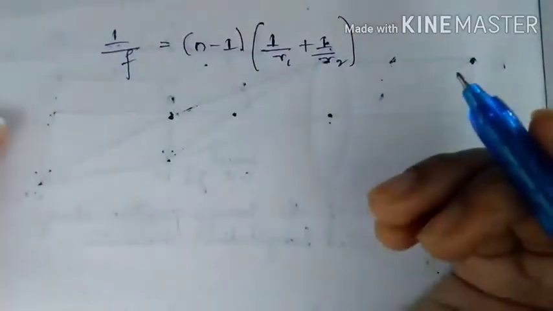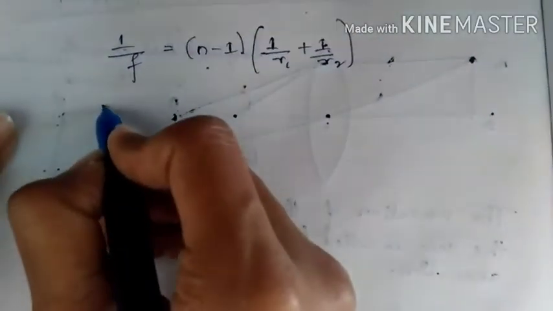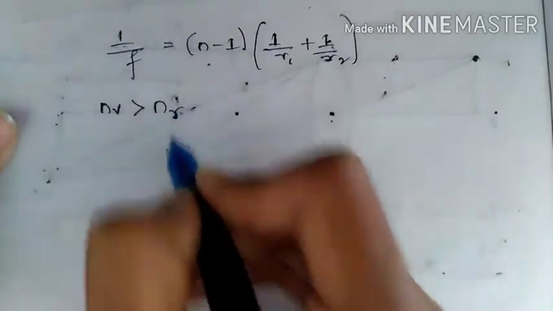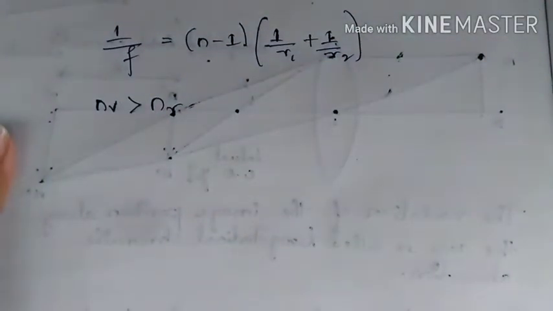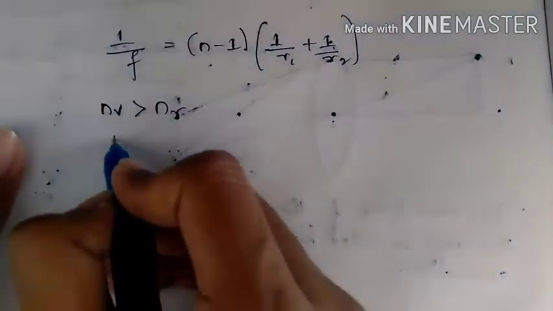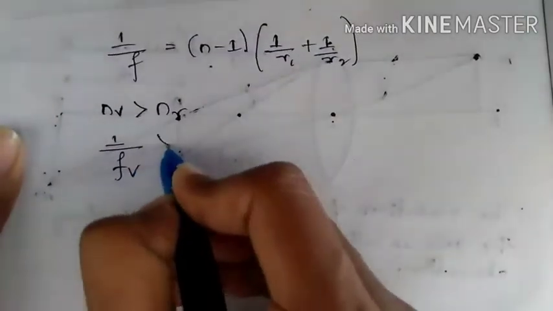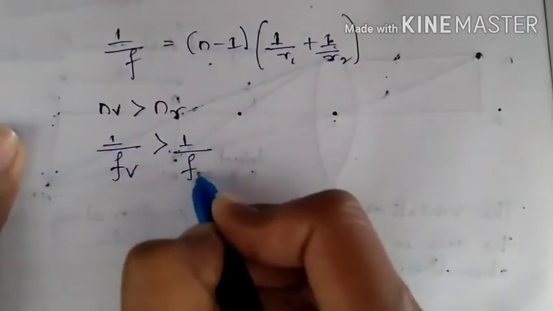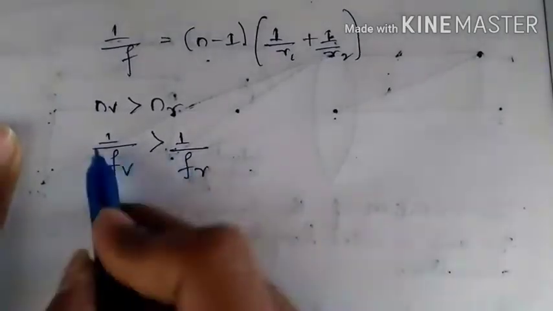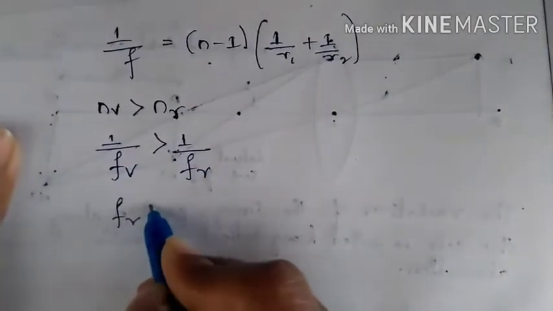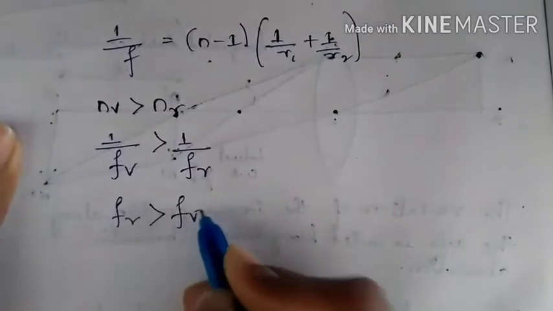So from the diagram we can say that NV is greater than NR. The refractive index for the violet ray is greater than the refractive index for the red ray. So from that, 1 by FV is greater than 1 by FR. So if you take cross multiplication, FR will be greater than FV. So the focal point for the red ray will be greater than the focal point for the violet ray. So this we already observed in the diagram.